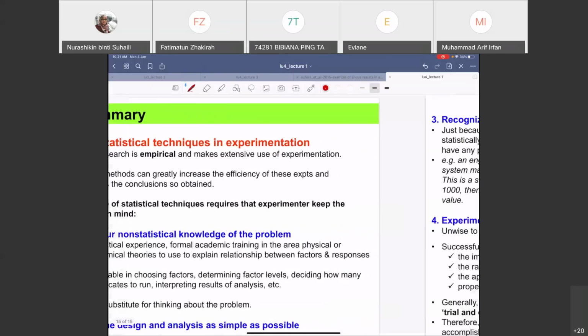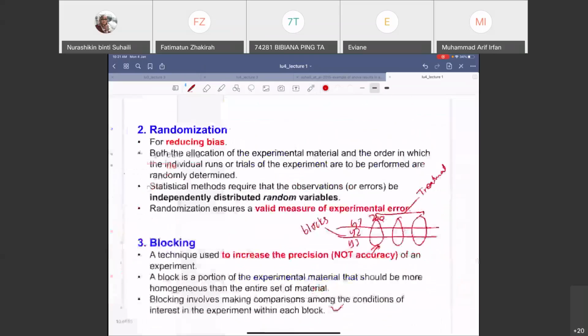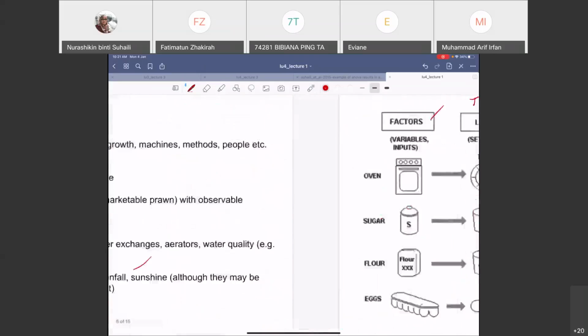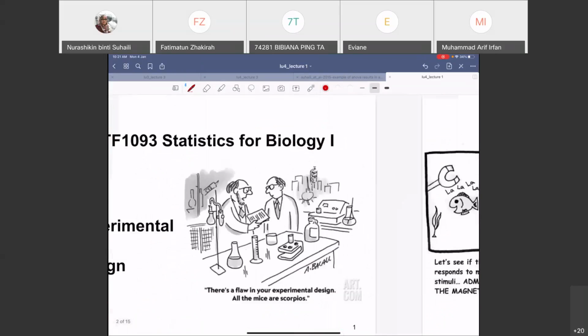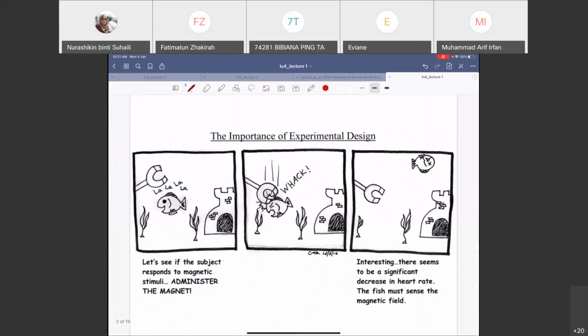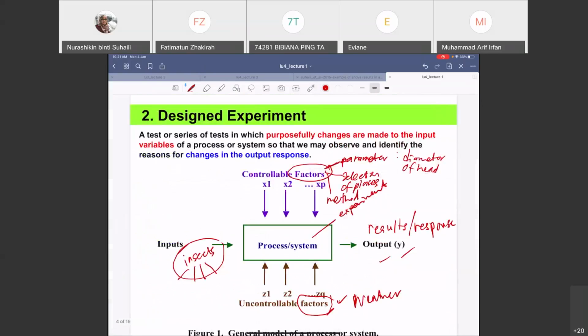Right, so that is the first lecture. Any questions about experimental design? Okay, you should know what experimental design is and its importance. You should know the things you have to know about doing an experiment: the process, the inputs, the outputs, controllable factors, uncontrollable factors.